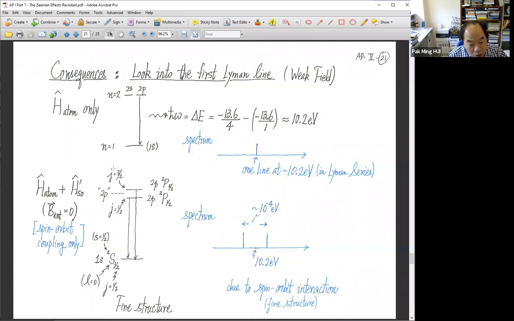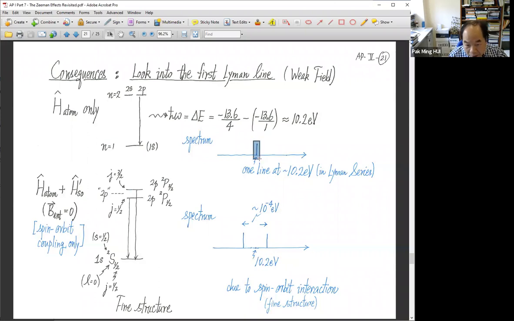Now it's split according to J, and with this spin-orbit interaction, we see what we call the fine structure in spectroscopy. This one line splits into 2 lines, one here and one here. Of course, the splitting is tiny, tiny, tiny.